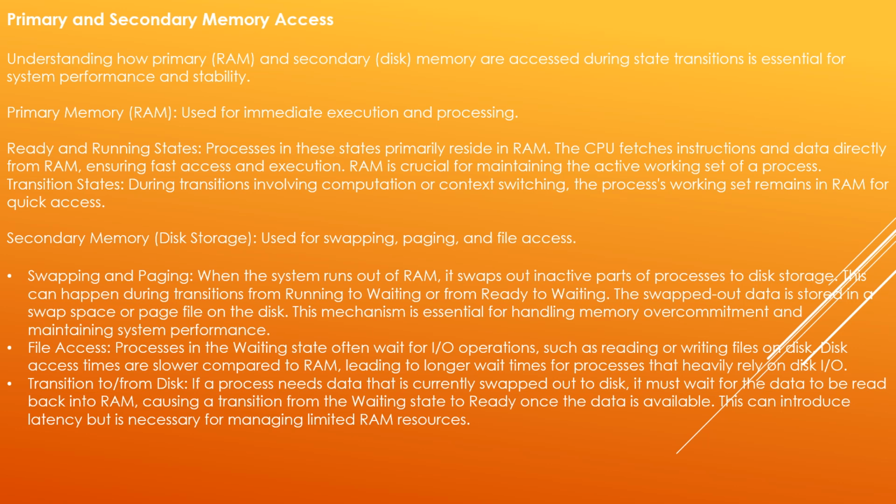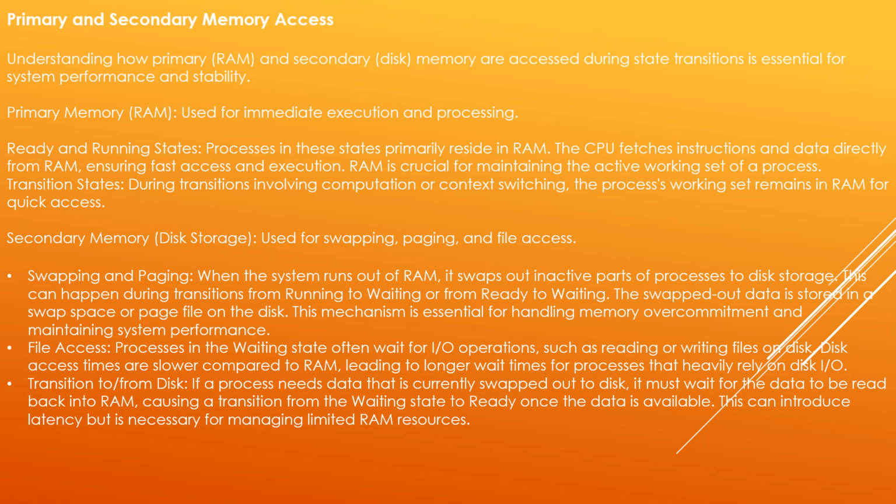The CPU fetches instructions and data directly from RAM, ensuring fast access and execution. RAM is crucial for maintaining the active working set of a process. During transitions involving computation or context switching, the process working set remains in RAM for quick access.